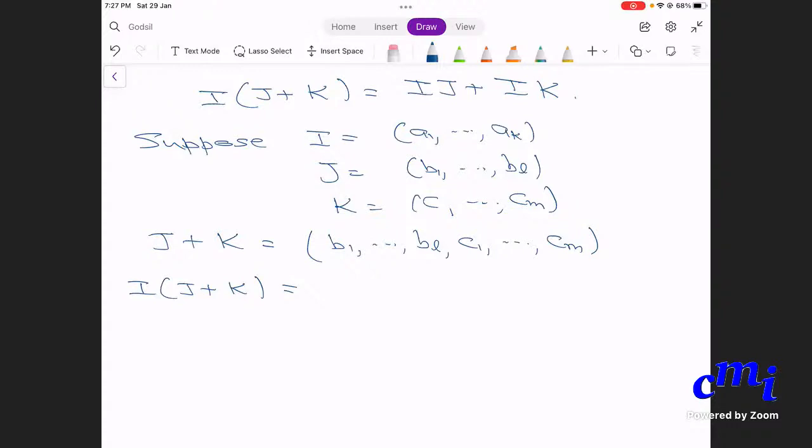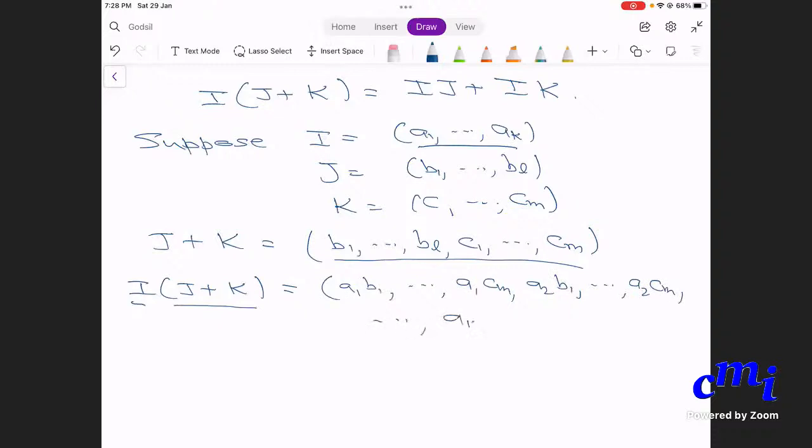So in this case, every generator of I and every generator of J plus K you have to multiply. So all these a's have to be multiplied with all of these. So what will you have? You will have a1 b1 up to a1 cm. Then you'll have a2 b1 up to a2 cm. So on and so forth up to ak b1 up to ak cm. So this is what is I times (J plus K).